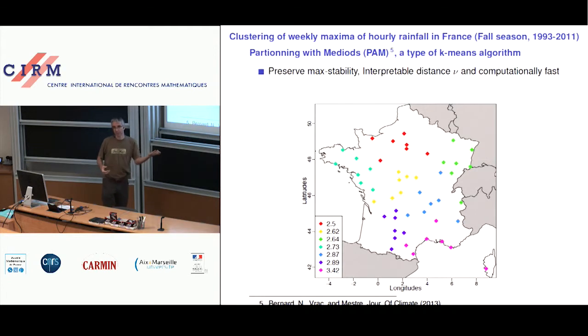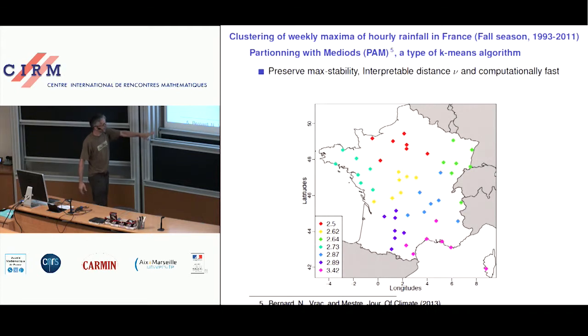The difference with the classical k-means algorithm, where you usually compute a distance with respect to a center, which is the average, is that we don't want to take the average because the average of max-stable distributions is not a max-stable distribution. So we take one member of the cluster and compute the distance with the other members.